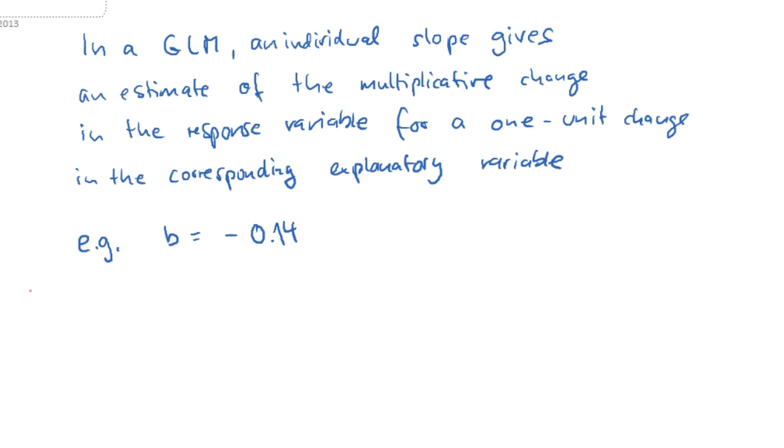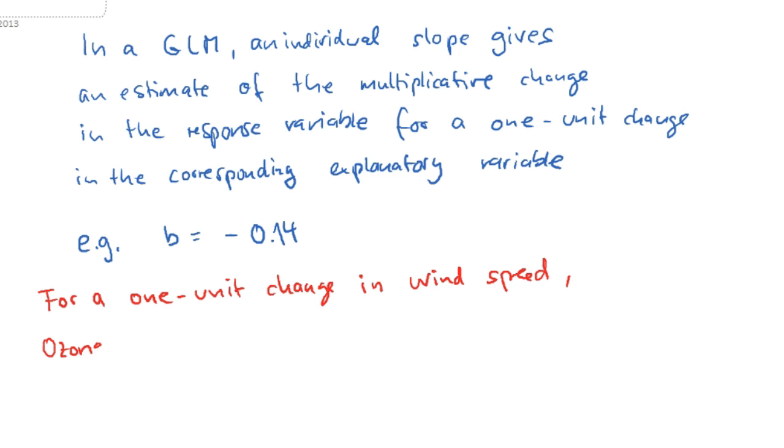Then it follows for a 1 unit change in wind speed, ozone concentration decreases e to the power of minus 0.14 fold.